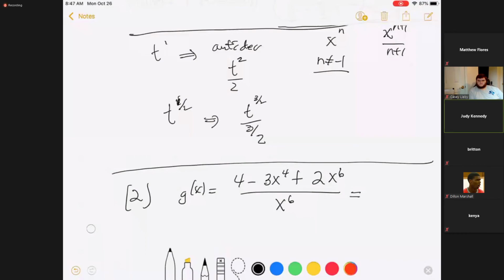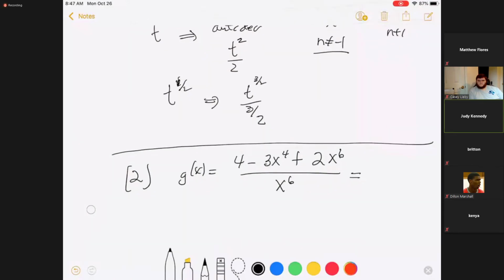That denominator only has one term in it, so I can break the fraction up into the sum of three fractions. This is 4 over x to the 6th minus 3x to the 4th over x to the 6th plus 2x to the 6th over x to the 6th.